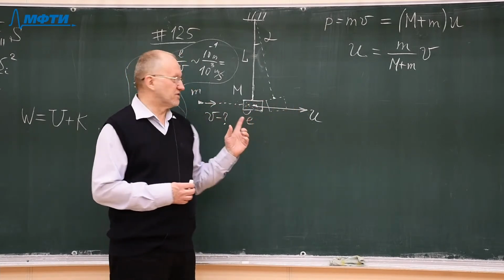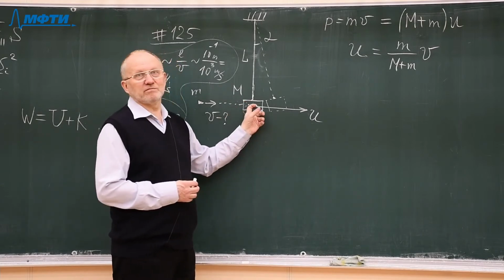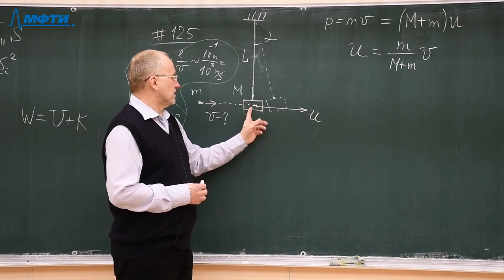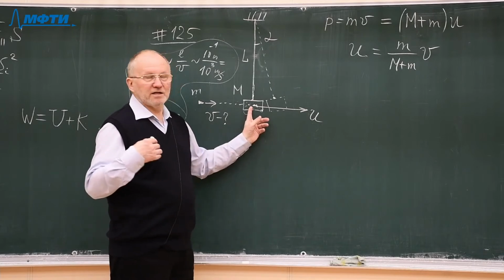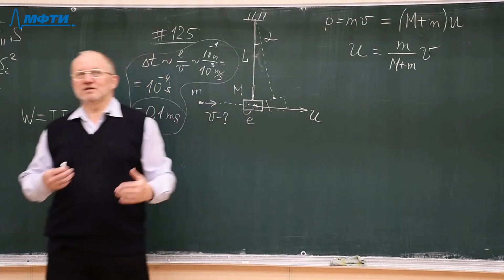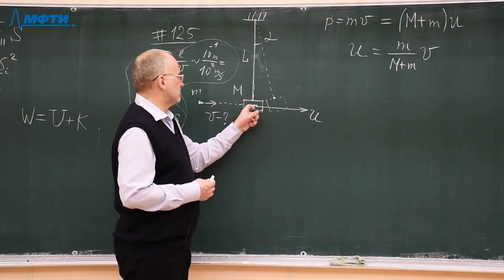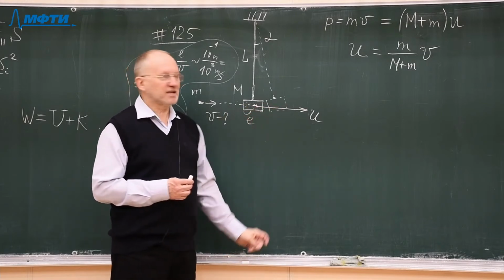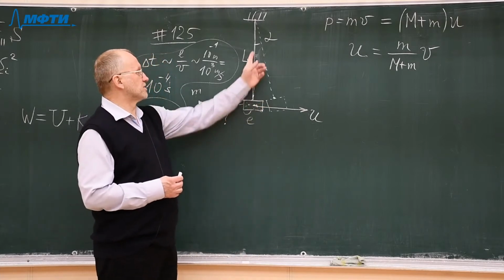They are very small, certainly, because the box is heavy. If you try to move a very light body like a feather, the air drag will be very noticeable. But here, if the box is very heavy, then the air drag forces are negligible in comparison with the gravitational forces and forces of the string tension.